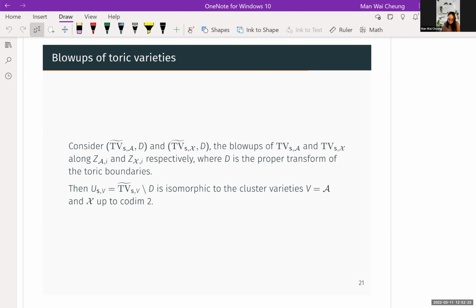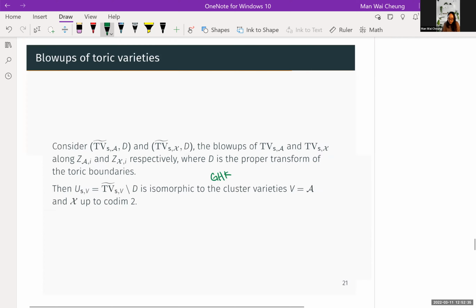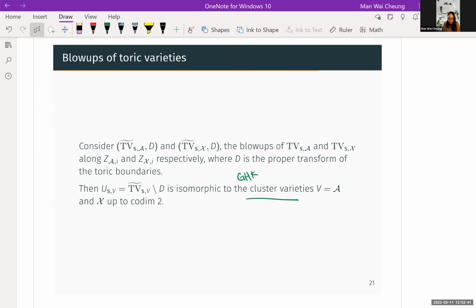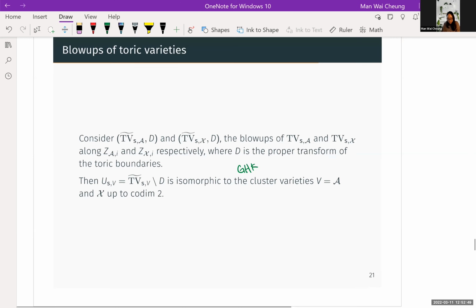According to GHK, Gross-Hacking-Keel, birational geometry of cluster varieties, this U is isomorphic to the cluster variety of A and X, which is the gluing of tori. But now we can see that the gluing of tori is basically the same as the blow up of toric varieties.